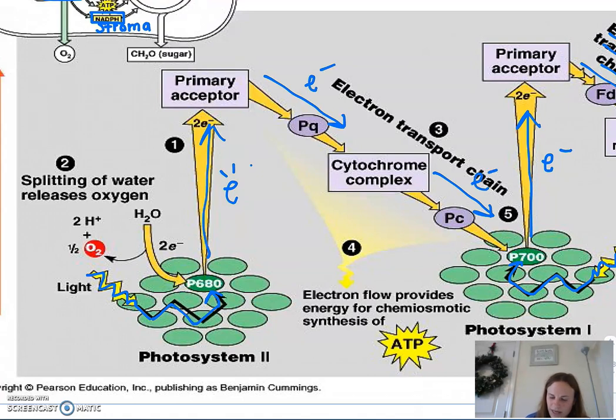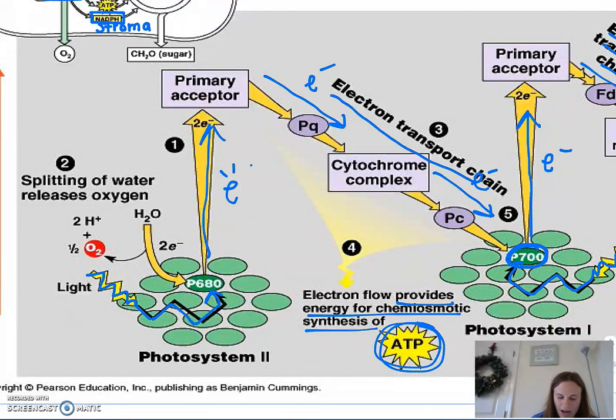That electron can then replace the electron that was lost in photosystem 1. Now, as this electron is traveling down this electron transport chain, it provides the energy for chemiosmotic synthesis of ATP, which is going to be important because it's needed in order for the dark reaction or the Calvin cycle to occur. Now, how are we going to replace that electron that was lost in photosystem 2?